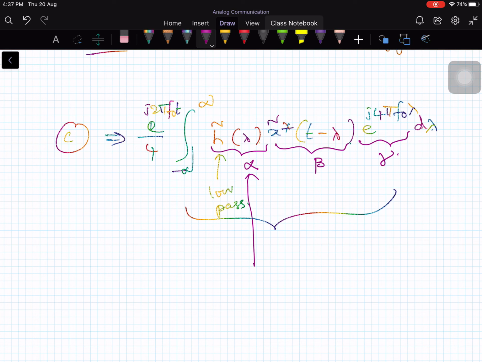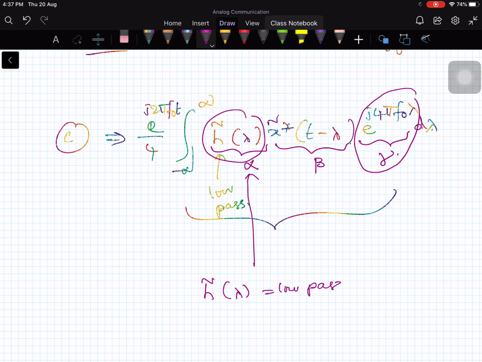Look at this part, h tilde of lambda, the alpha part, and concentrate on the gamma part. So h tilde of lambda is a low pass signal. Similarly, the beta term, x tilde conjugate of t minus lambda, is also a low pass signal.